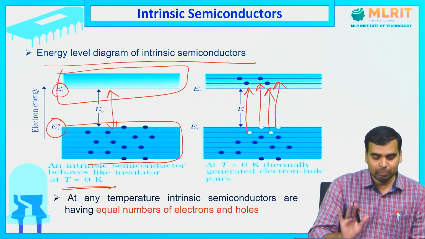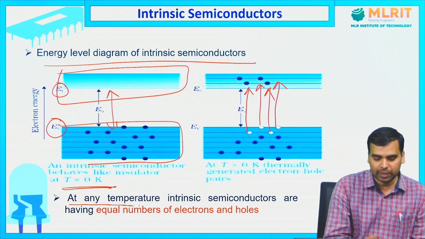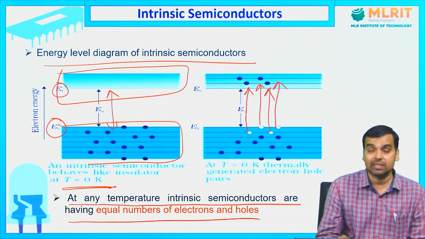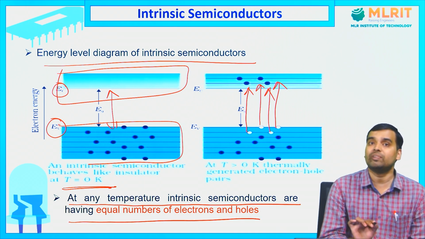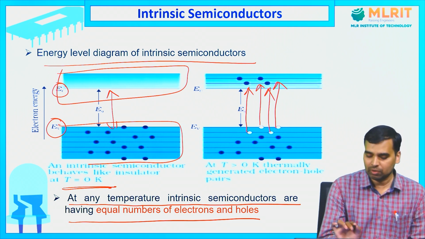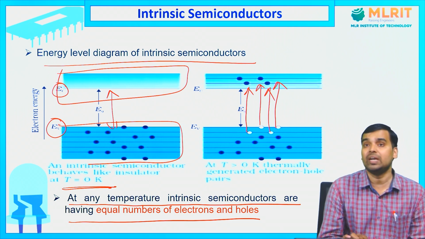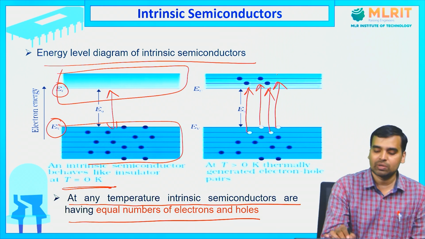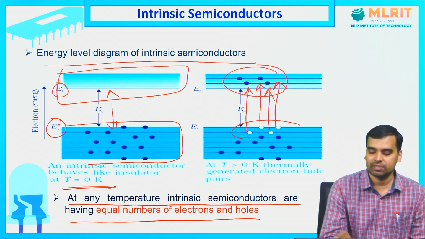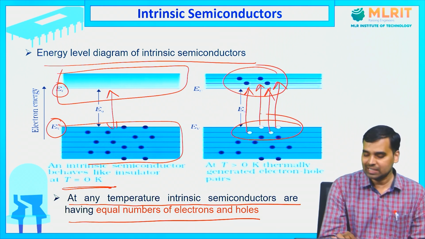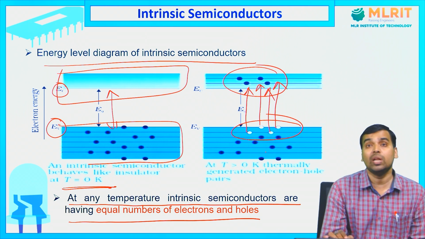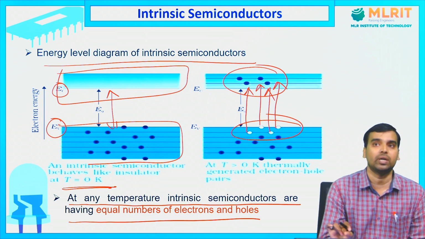Here, one of the important things is, at any temperature, intrinsic semiconductors have an equal number of electrons and holes. Here, you have to consider equal number of electrons and holes, meaning free electrons in conduction band and free holes in valency band. Though there exist some electrons in valency band, all those electrons are involved in covalent bonding, so they don't take part in electrical conduction.